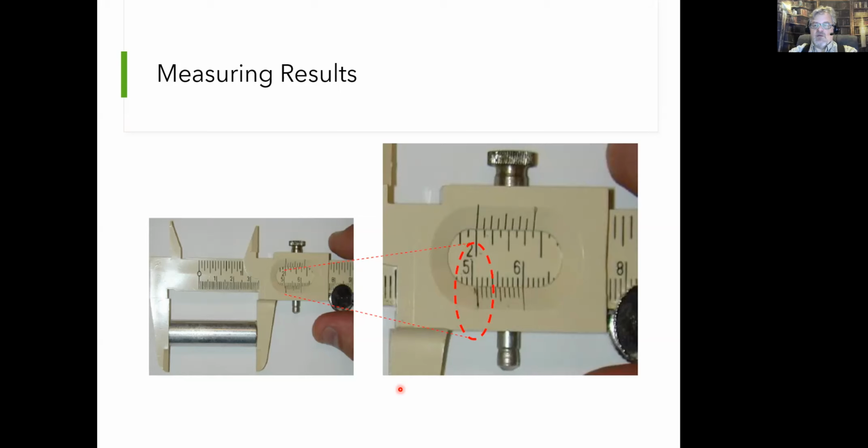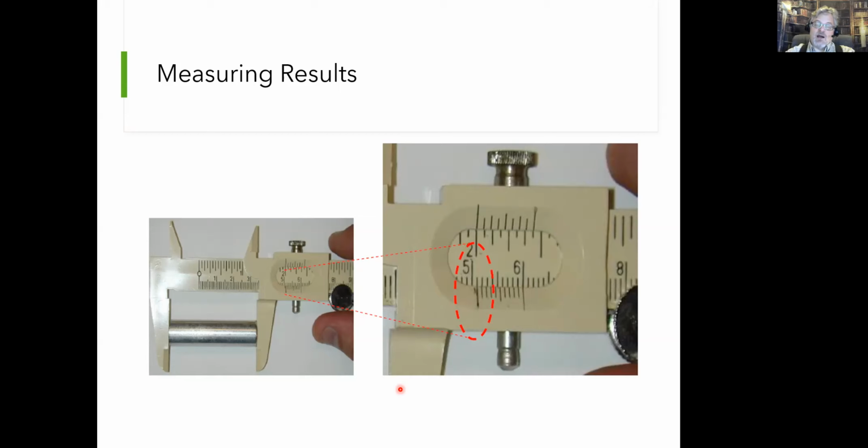The second thing that I didn't get told was that the part absolutely couldn't be too short. It could be a hair long, but it absolutely could not be too short, because they're machining material off these parts, and they couldn't unmachine it if it was cut off too short, but they could machine it back down if it's cut off too long. So measuring the results is very, very important.